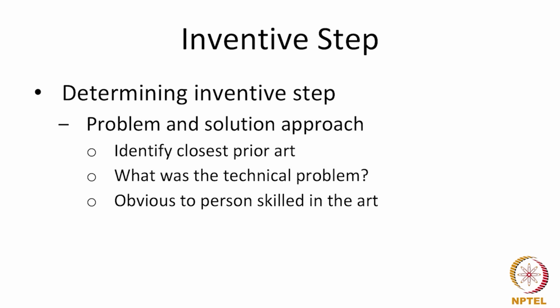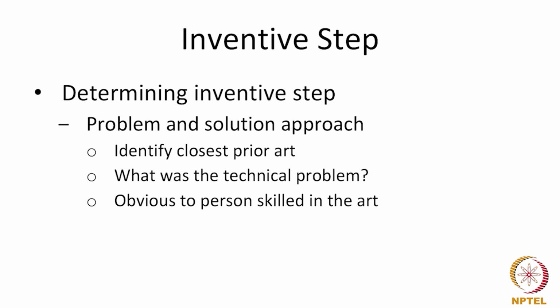Second step is to establish the objective technical problem to be solved. Now, we identify the closest prior art, and the second step is to establish the objective technical problem. Now, these are phrases which have come from the European courts.